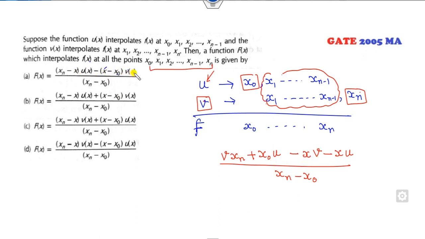I need this as x0v, but I need an x0u. Cancel. Again it's an x0v. Cancel. x0u, it's a plus xu, but we need a minus xu. Cancel. So you can see that xnv minus xv, minus, and here is the right one. That's a simple procedure.